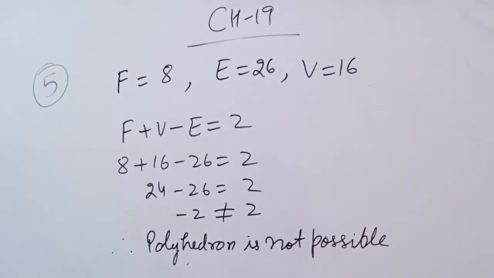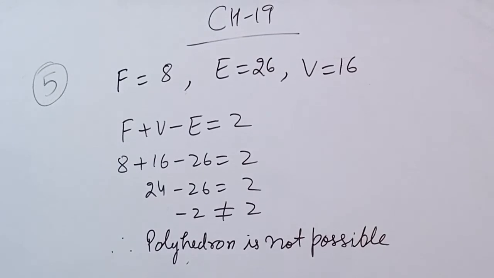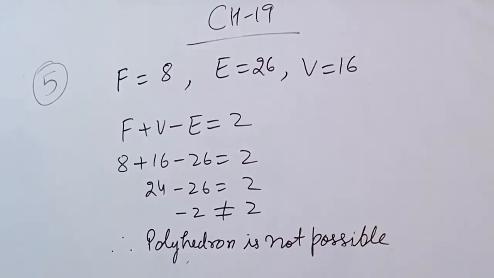Children, I am taking question number 5 of exercise 19. Here it is given: can a polyhedron have 8 faces, 26 edges and 16 vertices? So use the Euler formula, F plus V minus E equal to 2. If the figure satisfies this formula, then the polyhedron is possible, otherwise not.